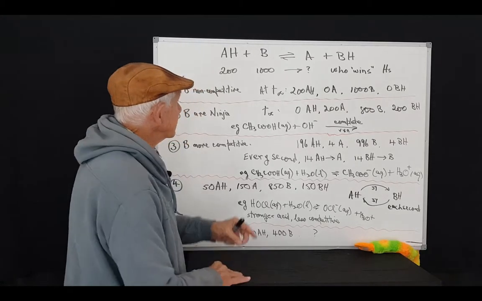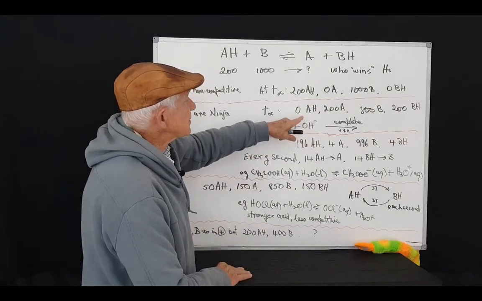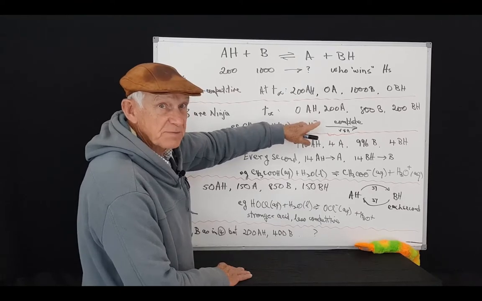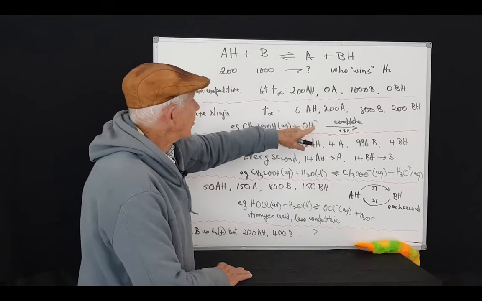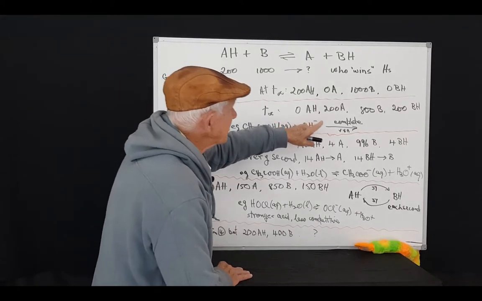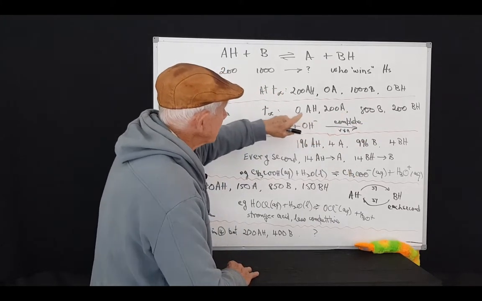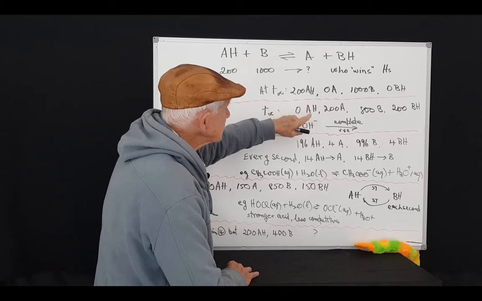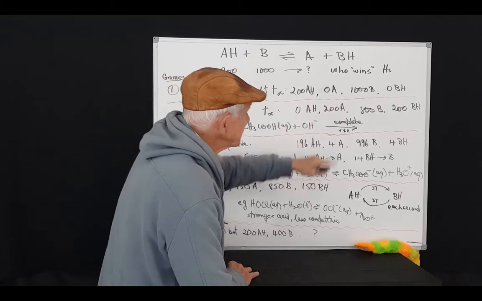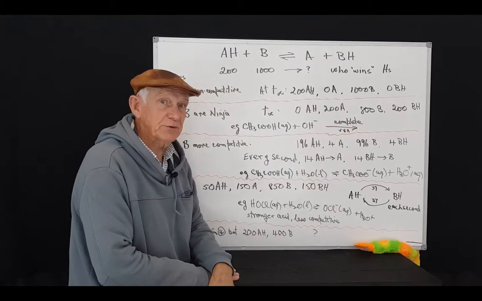And what are we left with? There's no AH species left. All the H's have been grabbed to form BH. There's 200 A's because H has been taken from the 200 A players, and there's 800 residual B's.